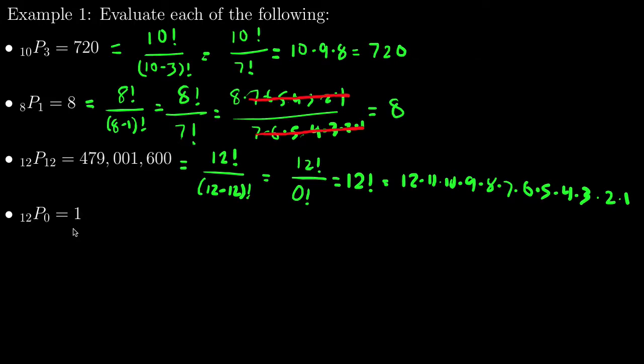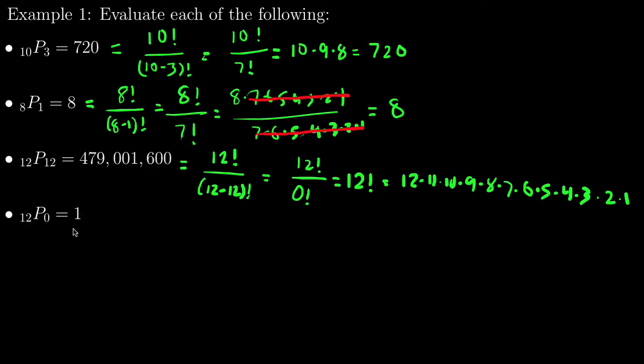So I'm trying to find rearrangements, and if I have 3 cards, we know that there are 3 distinct cards, we know that there are going to be 6 ways to permute all 3 of those: ABC, ACB, BAC, BCA, CAB, CBA. If I have nothing to permute, there's just this one empty thing sitting.